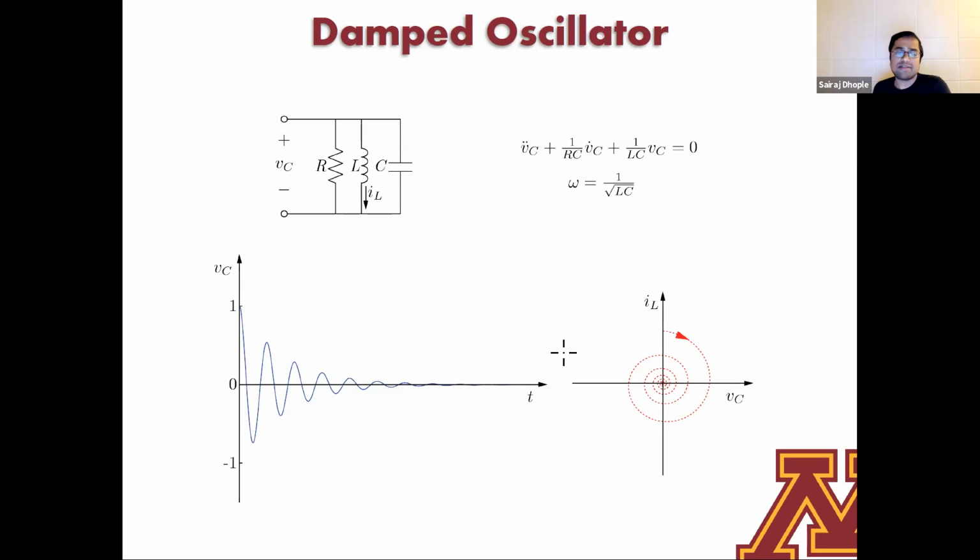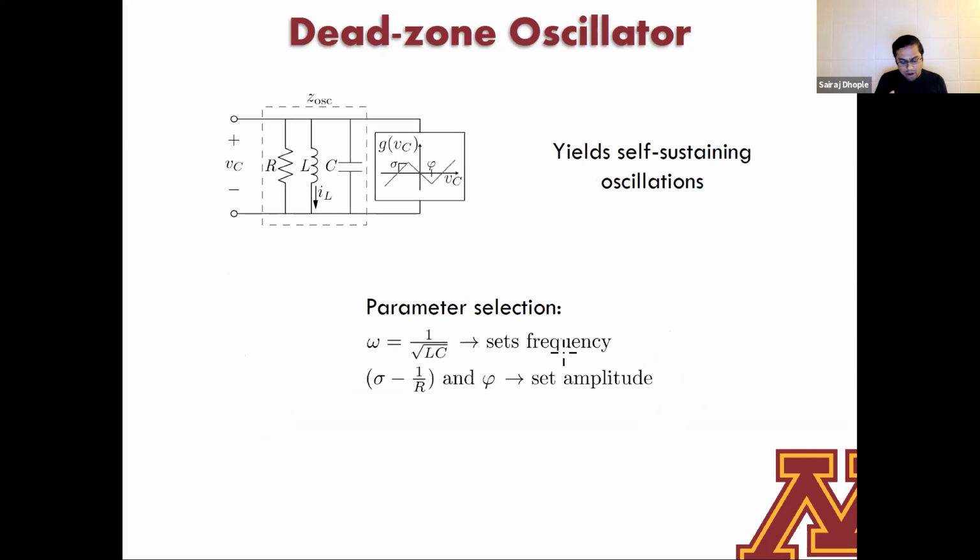Now, again, these two cases are interesting, but they're not really what we are after. What we're after is controlled oscillations at amplitudes and frequencies that we can regulate. And so one way of doing that is using this particular oscillator structure that I talked about earlier. This type of oscillator, we call the dead zone oscillator.